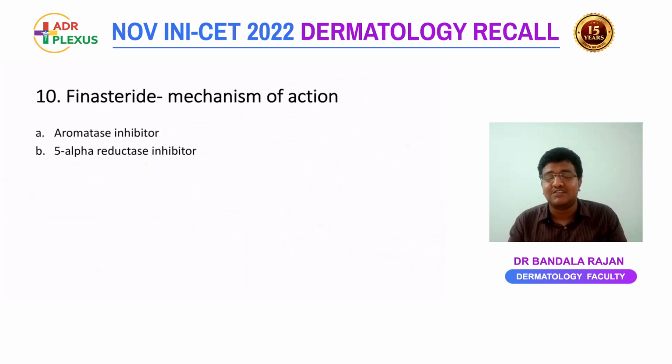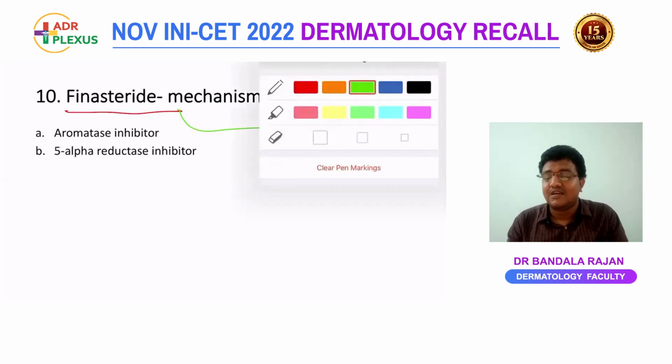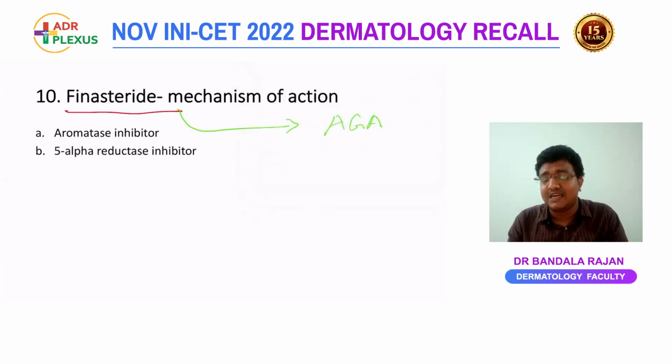Next, another question asked is about the finasteride mechanism of action. Basically, it is a pharmacology question. Still, finasteride is commonly used in dermatology, so I took up this question. Finasteride is mainly used in androgenetic alopecia, mainly in the moderate to severe grades, which helps in preventing the miniaturization of hairs. Miniaturization is caused by dihydrotestosterone, which is an active product of testosterone made by an enzyme known as 5-alpha reductase.